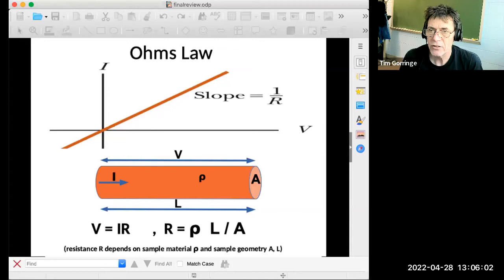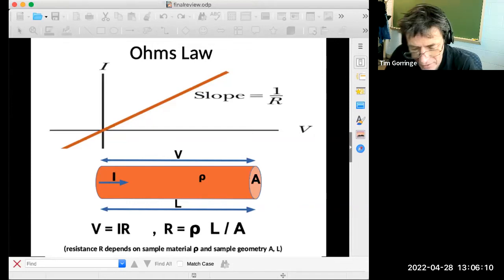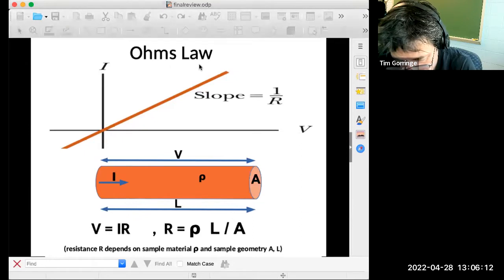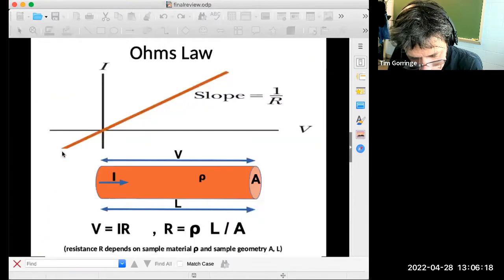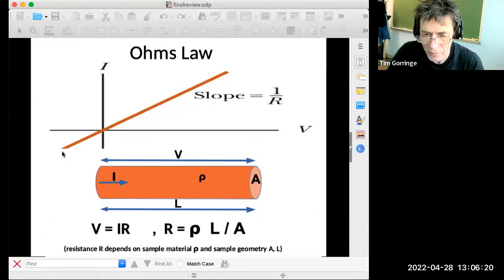One of the big discoveries about resistors that allows us to quantify how resistors work is Ohm's law. Ohm's law is simply an empirical law, based on the fact that if you apply a voltage, a potential difference, across a resistor, an electrical current flows through that resistor, and that current is in proportion to the voltage.